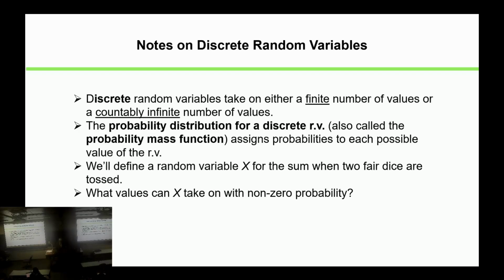Okay. So we could ask this question, what values can X take on with non-zero probability? The values that it can take on with non-zero probability are 2, 3, 4, 5, and so on up to 12. We're going to come back to that one in a moment.